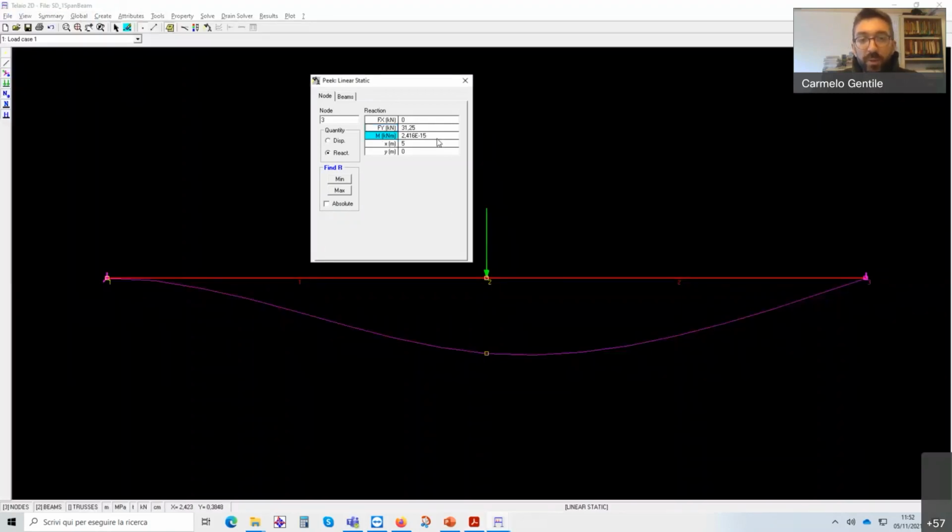And then we have the bending moment, 2.4 e to the minus 15. But we expected 0. Okay, so this is 0. Maybe not all of you will know, but when we see a number with e followed by a number, it means that it is the power.